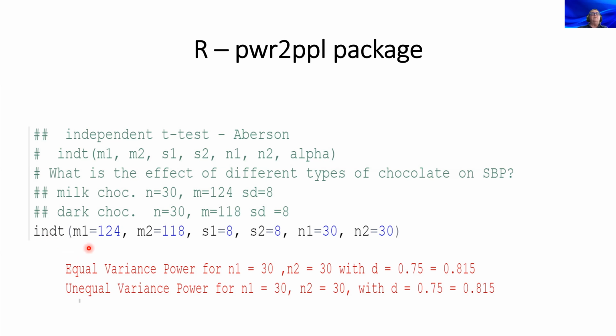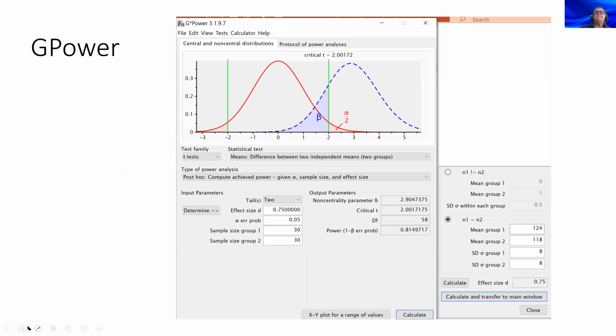Well, you'd use this code in R, which is ind.t for this package, with the mean of group 1, mean of group 2, the 2 standard deviations, the 2 N's. And in this package, you'd get the d, which is 0.75, and you get the equal variance power. And if you had unequal variances, you would get power also calculated.